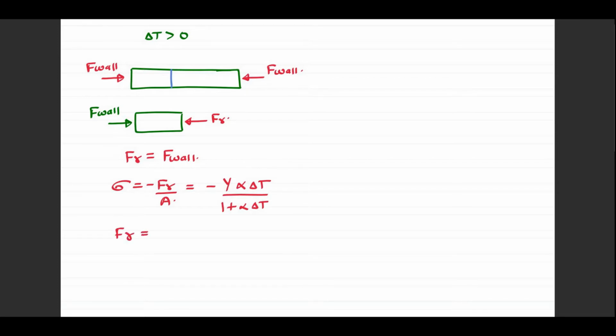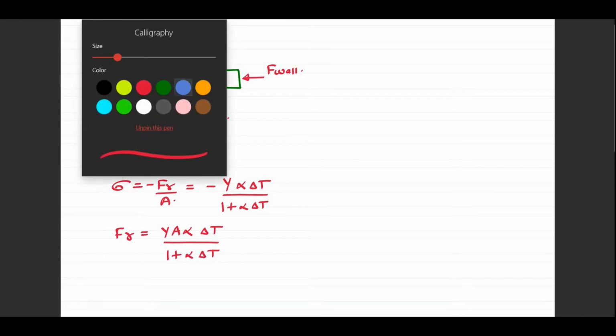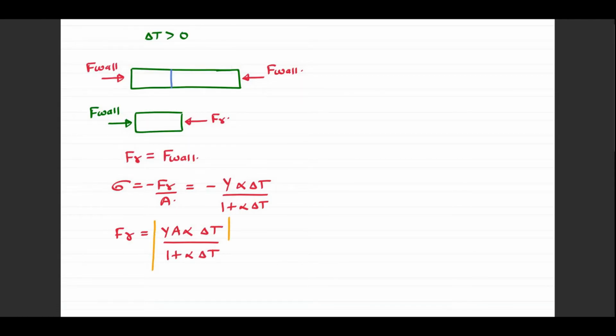So FR then is equal to this, and since we are talking about magnitudes, I should put a modulus here, because delta T can be positive or negative, but I am looking only for magnitudes. And if this is FR, this is also equal to F wall. Remember, I am only talking about their magnitudes.